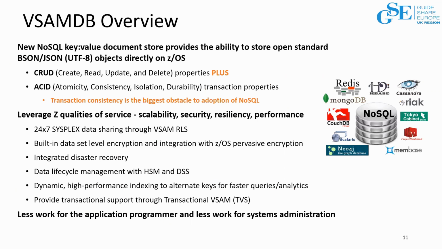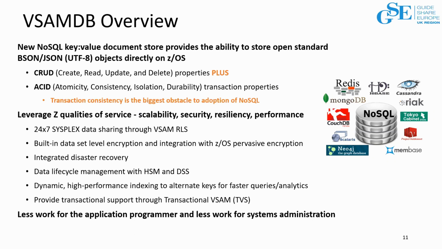Before I get to that, I wanted to throw one more thing out here. The other thing that's behind VSAM, and more notably VSAM RLS, as we think about this from a database perspective in general, we think databases should have both the CRUD and the ACID properties. Most databases, CRUD is relatively straightforward.